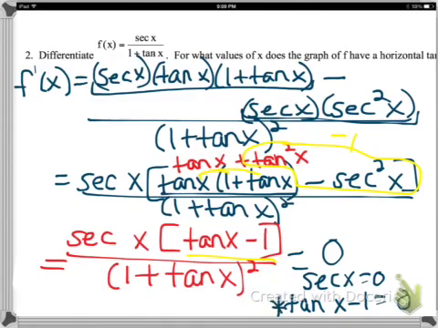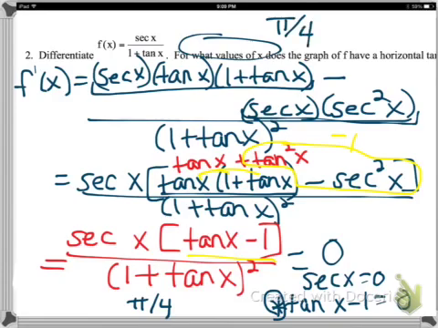And this one is saying when does tangent equal 1, which would be pi over 4. So for what values of x does the graph have a horizontal tangent, it would be pi over 4. Okay, I know it seemed a little complicated, but really you're just doing quotient rule, and we've done this before. Horizontal tangent line just means when the derivative equals 0.